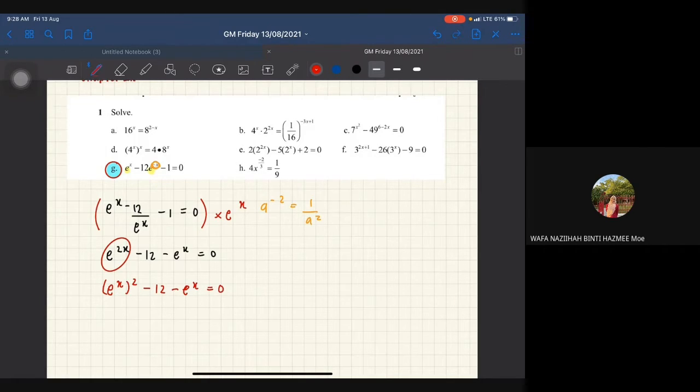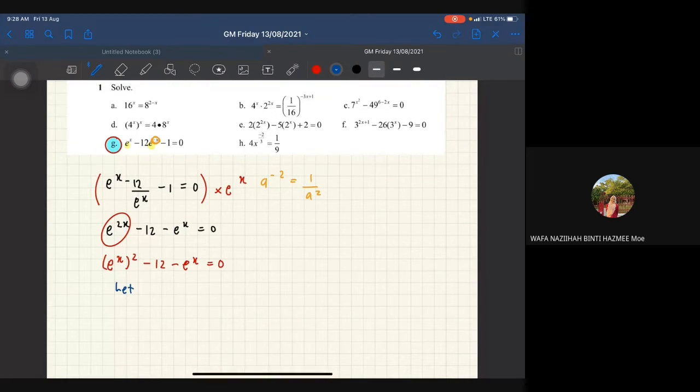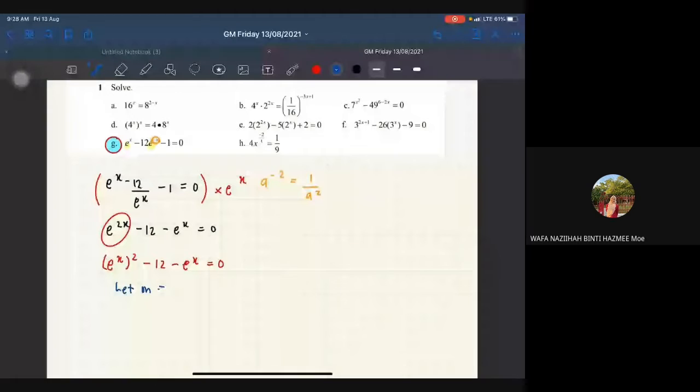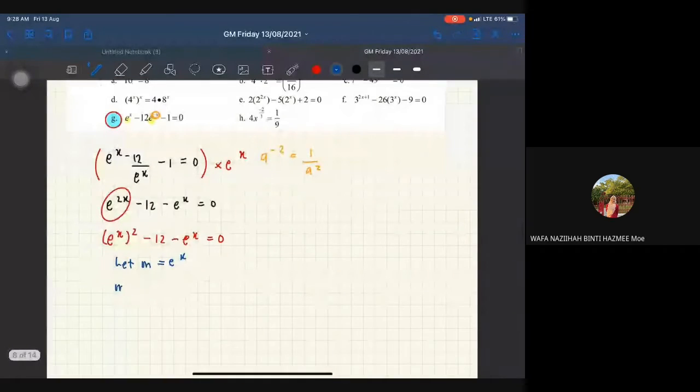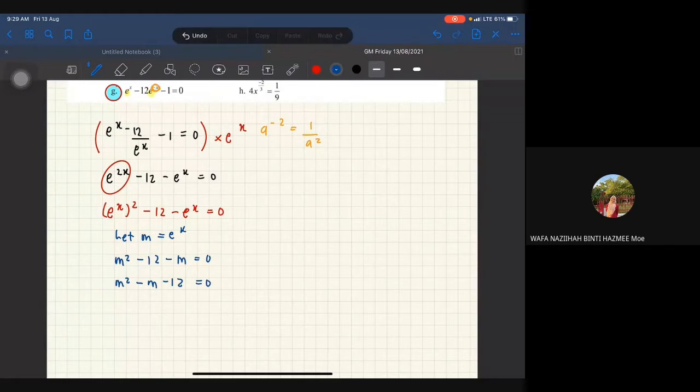Okay, so sekarang kita guna let. So we let m, let's say, equal to e to the power of x. Okay, so you will have m square minus 12 minus m equal to 0. Okay, rearrange it back. So you have m square minus m minus 12 equal to 0.